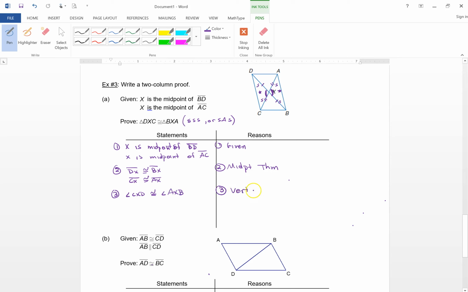Vertical angle theorem. Now I can say triangle DXC is congruent to triangle BXA. SAS congruence.